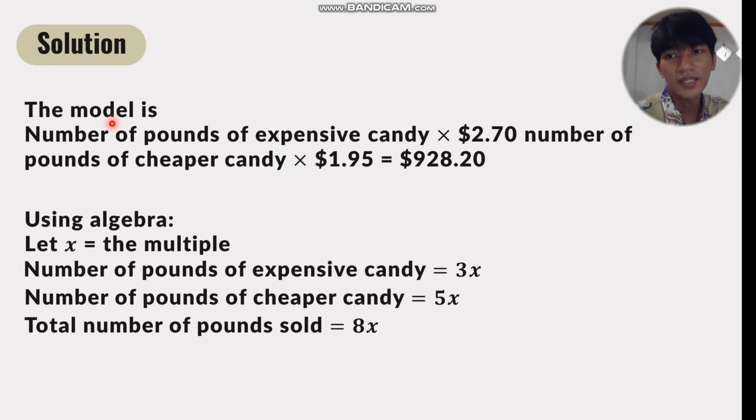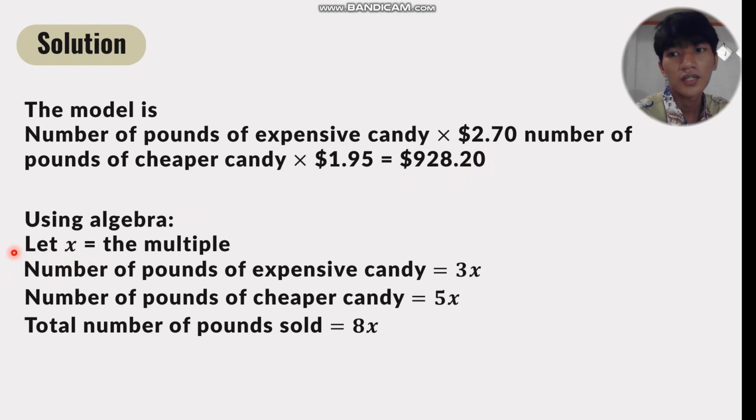The solution. The model is number of pounds of expensive candy times $2.70, plus number of pounds of cheaper candy times $1.95, equals $928.20.